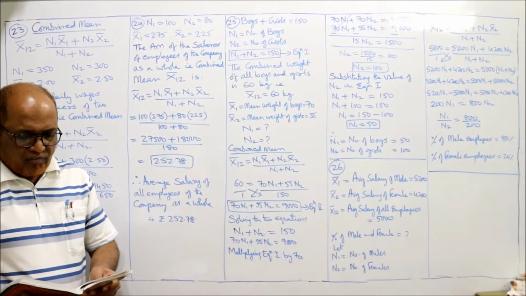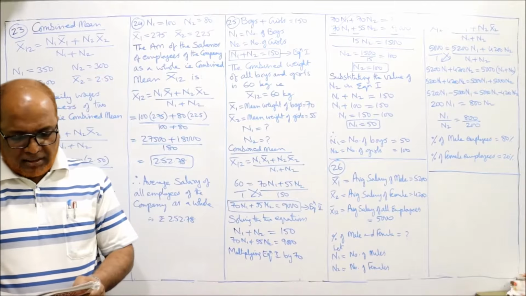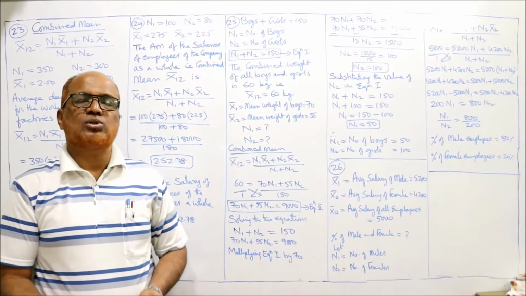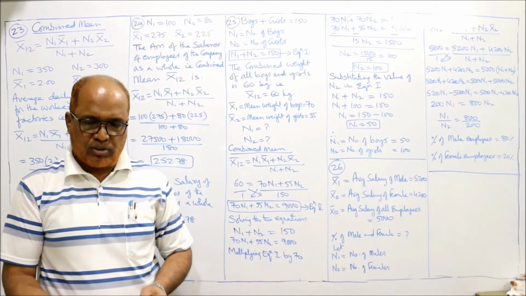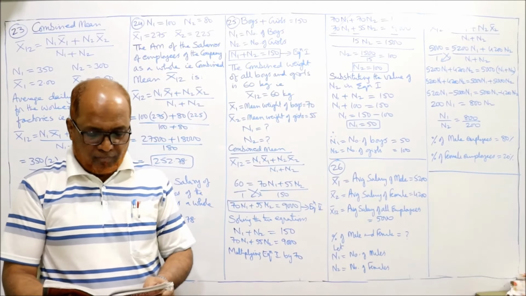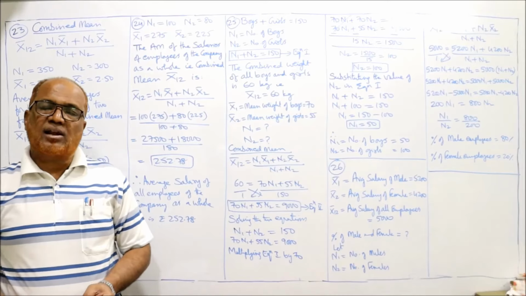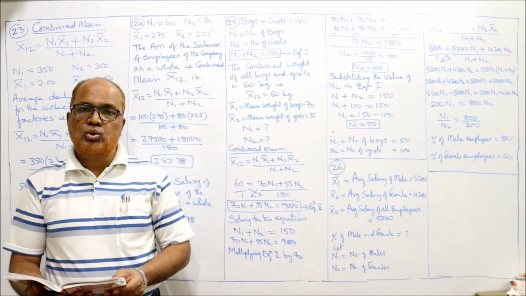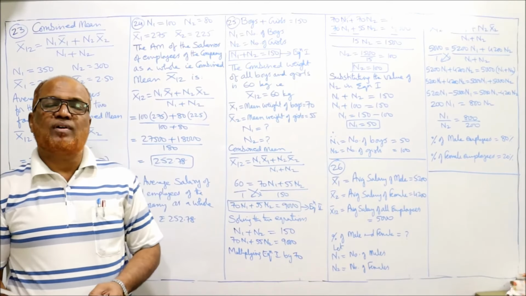Now we'll come to 26th problem. The average salary of male employees in a firm was 5,200 and that of females was 4,200. Again two groups, male employees and female employees. So average salary of male, x bar 1, is 5,200 and average salary of female, x bar 2, is 4,200. The average salary of all employees was 5,000.